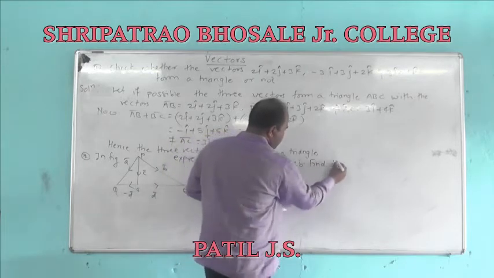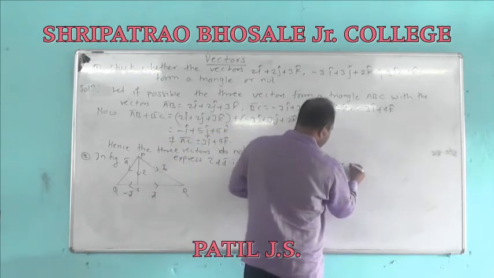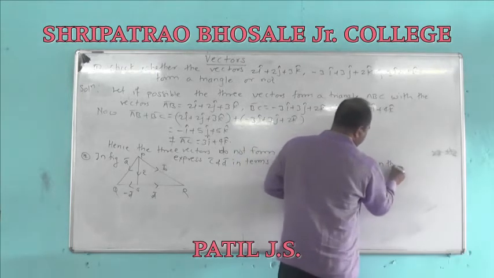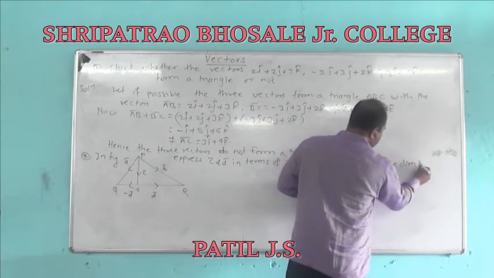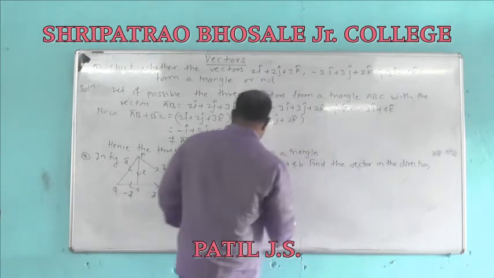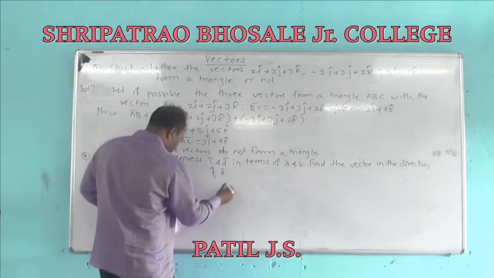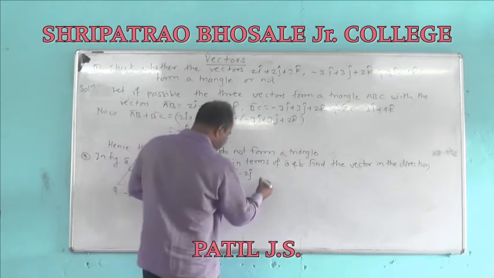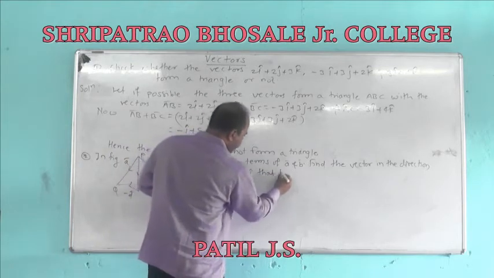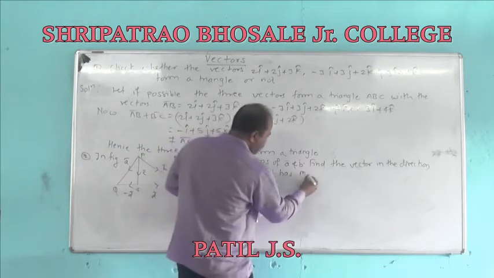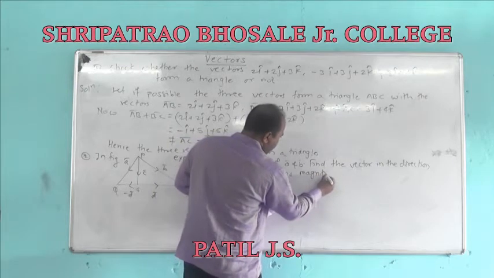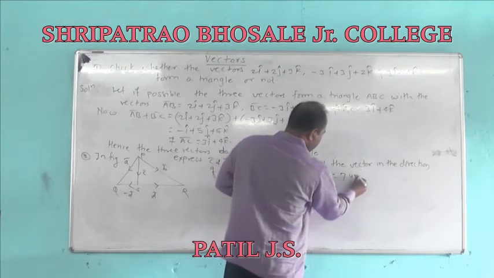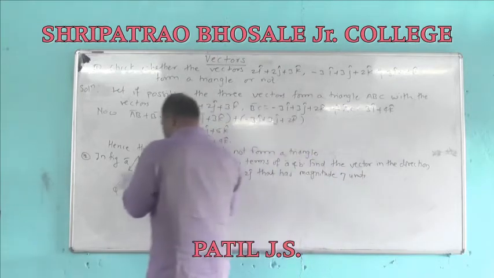Find the vector in the direction of A bar equal to i cap minus 2j cap that has magnitude 7 units.